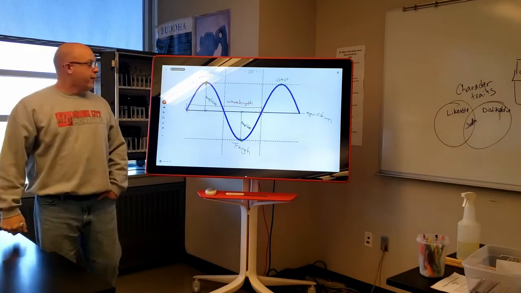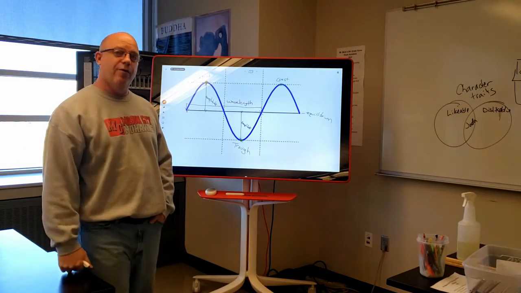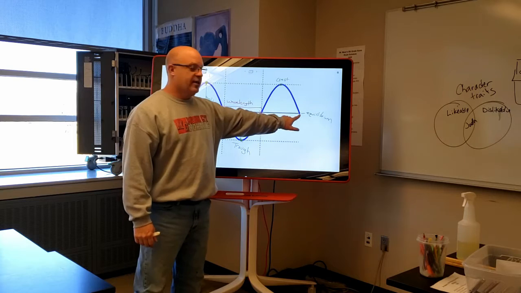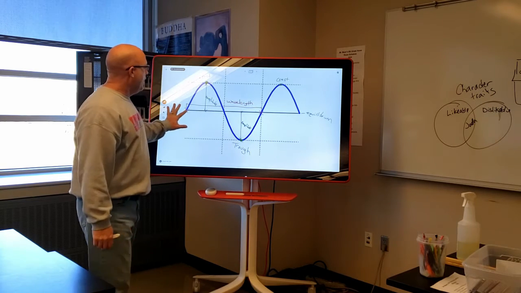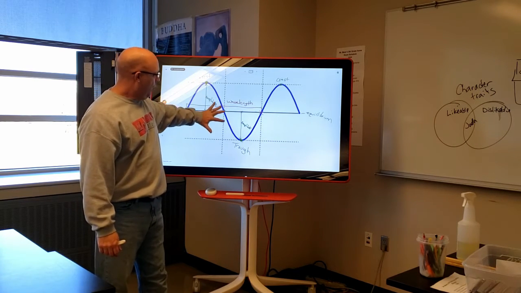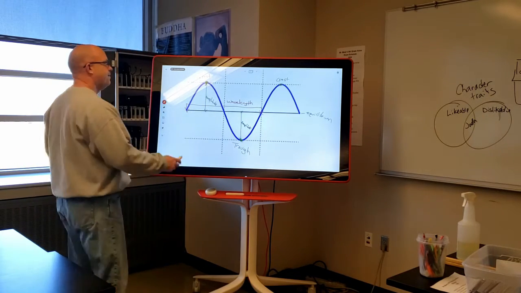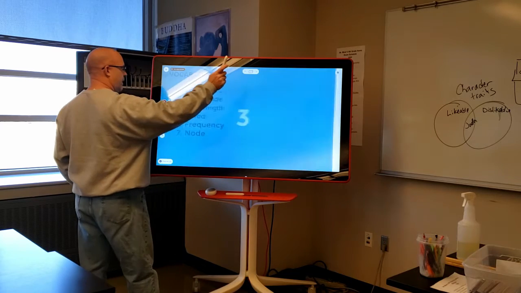On this diagram, I have 1.5 waves. Here's one, here's the half. Start at equilibrium, one up, one down, wavelength.